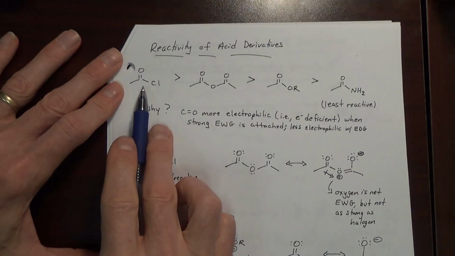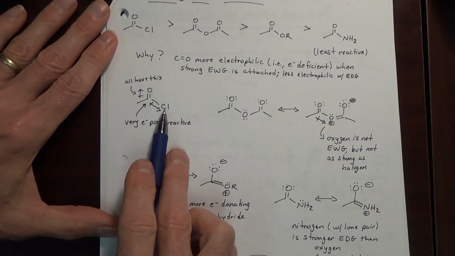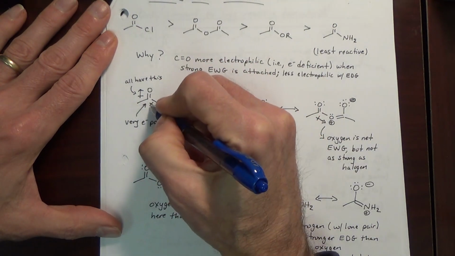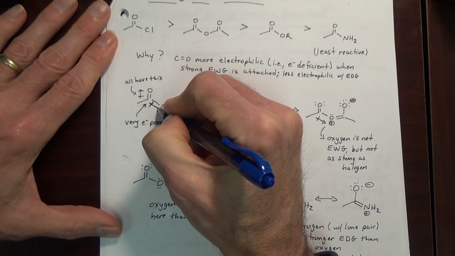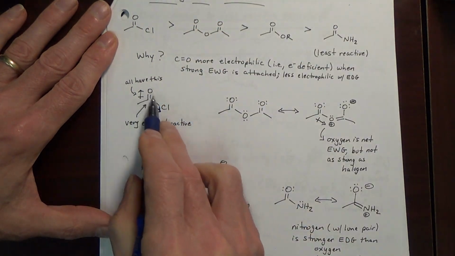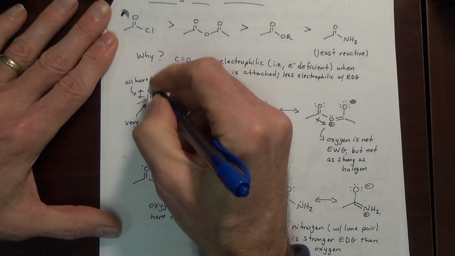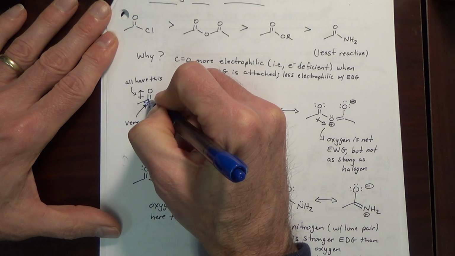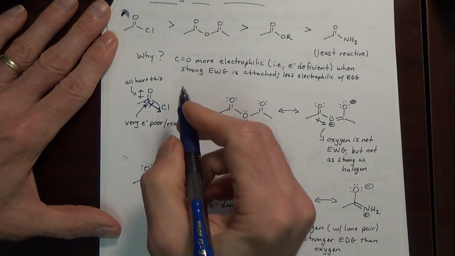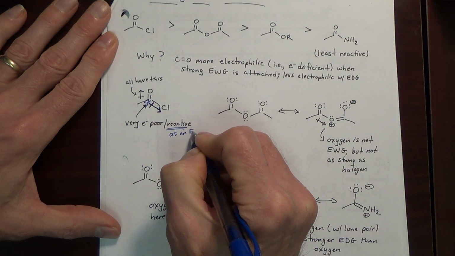Now with an acid chloride, or so-called acyl chloride, the X group is chlorine. And because the chlorine is fairly electronegative, and so we get a strong dipole in this direction as well, we have two atoms withdrawing, making this substantially partial positive, or we can say very electron poor, and thus it is going to be reactive as an electrophile.